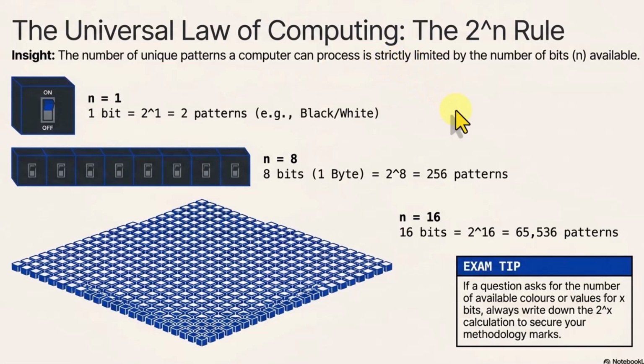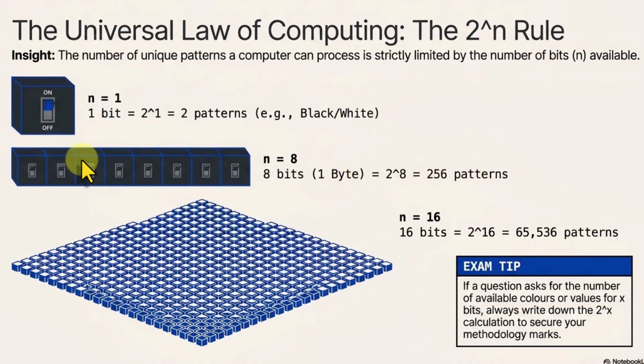So see, we have the universal law of computing. In binary, we know that for n bits, we can have 2 to the power of n different unique patterns, okay? If you have only 1 bit, that is 2 to the power of 1, which is 2. So we have 2 different patterns, which is 0 or 1. If we have 8 bits, that is 2 to the power of 8, which is 256.